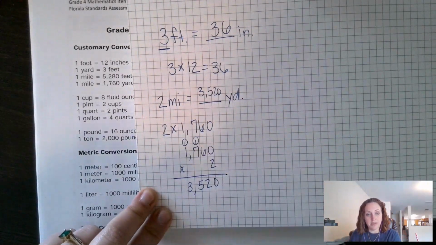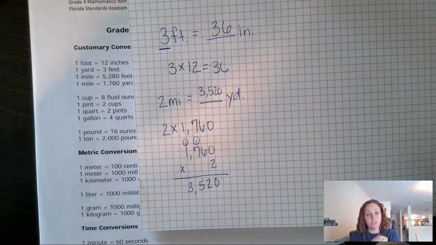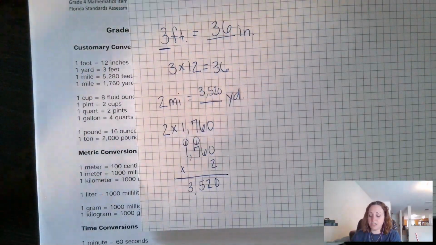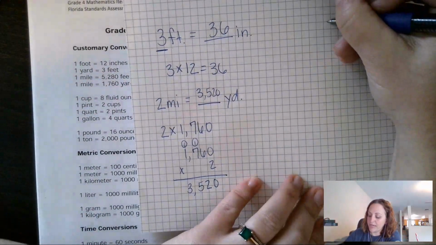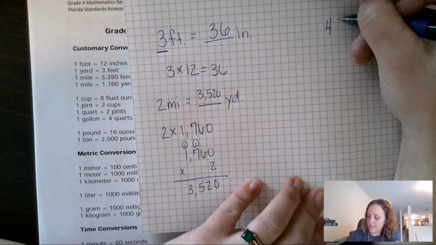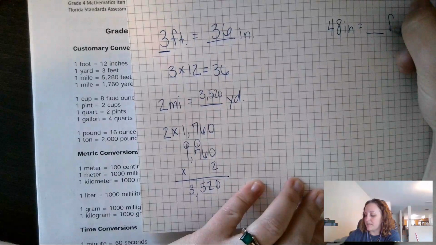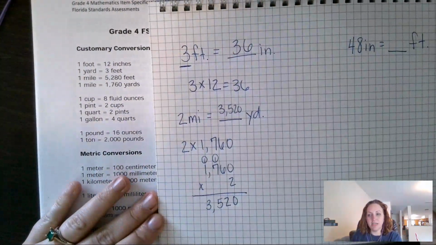Okay? Let's look at a few examples where I'm going from a smaller unit to a bigger unit. So small to big, I divide. So if I said I have 48 inches, and I want to know how many feet that is, I'm going to do the same thing.